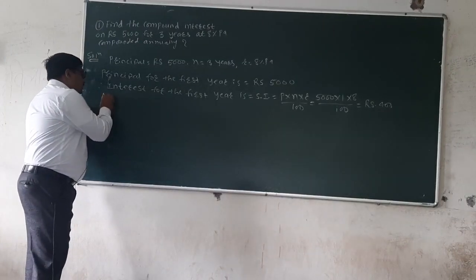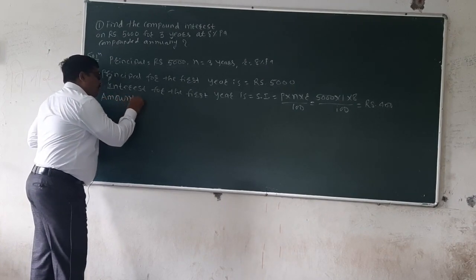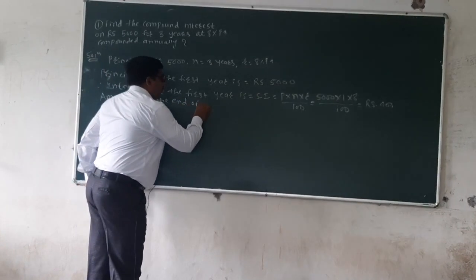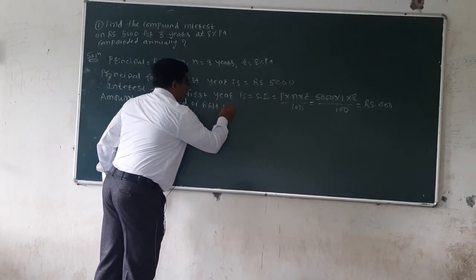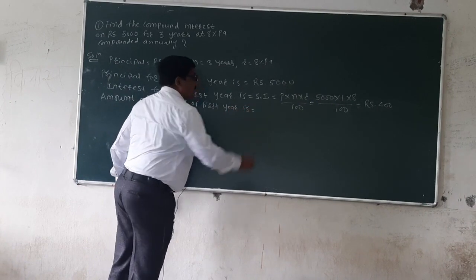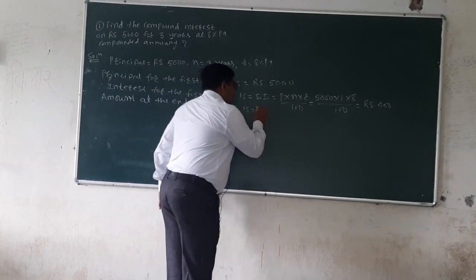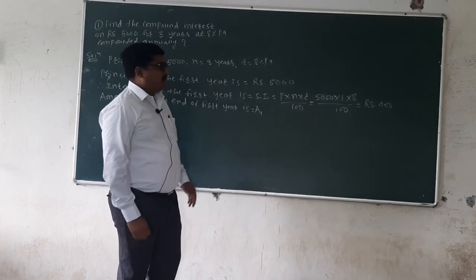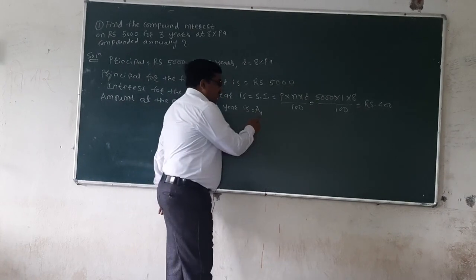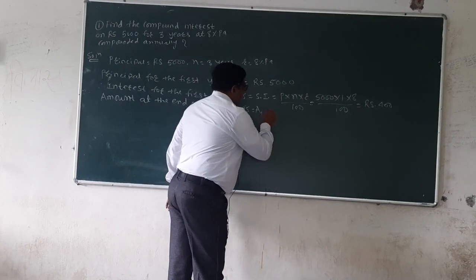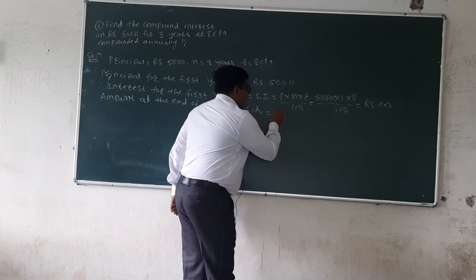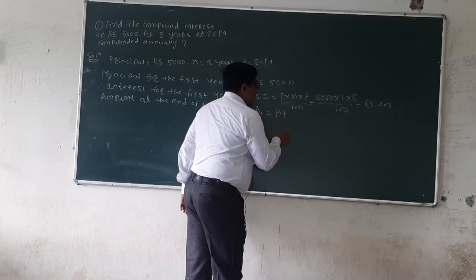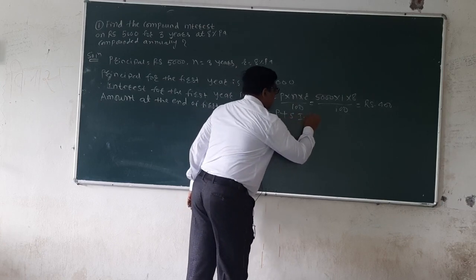Now, amount at the end of first year. Amount is denoted by A. This is the first year, so we have written 1. So A1 equal to principal plus simple interest.